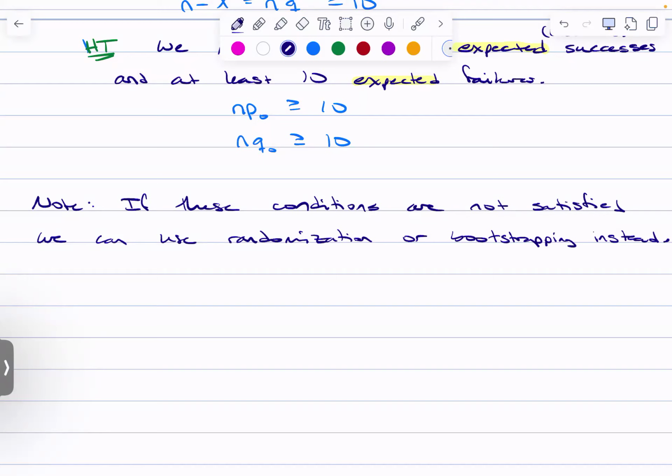So that's nice. So you're not completely out of luck if these conditions aren't met. There are instances where I can imagine you can't get that many samples, either very expensive or whatever.